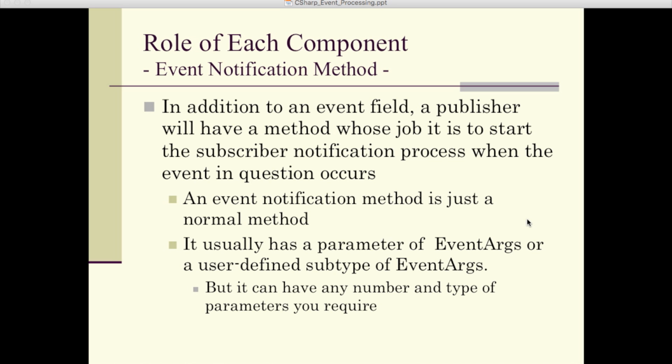All right, it usually has a parameter of EventArgs or a user-defined subtype of EventArgs, but it can have any number and type of parameters you require. All right, so this event notification method is just a method inside of your publisher class that starts the event notification process.